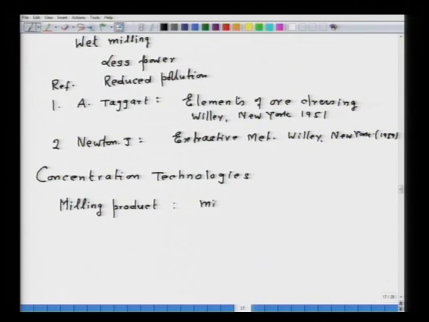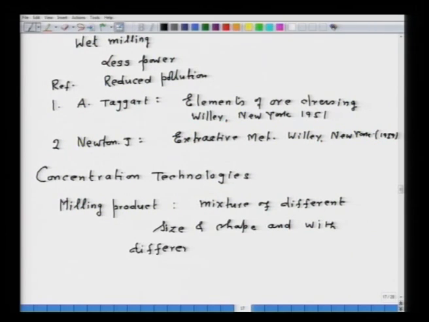It is a mixture of different size, shape and with different proportions of minerals of, let me say, both valuable plus non-valuable mineral, or let us call it gangue mineral.